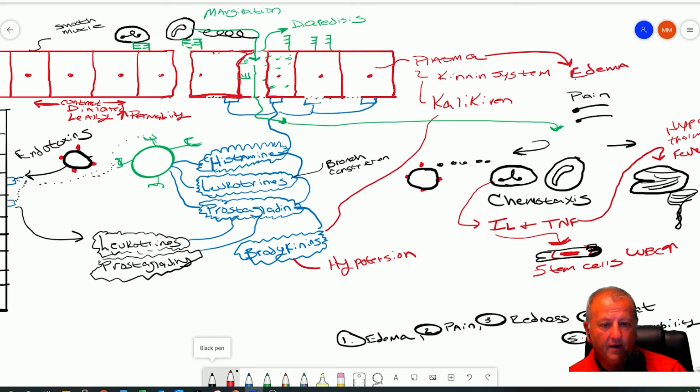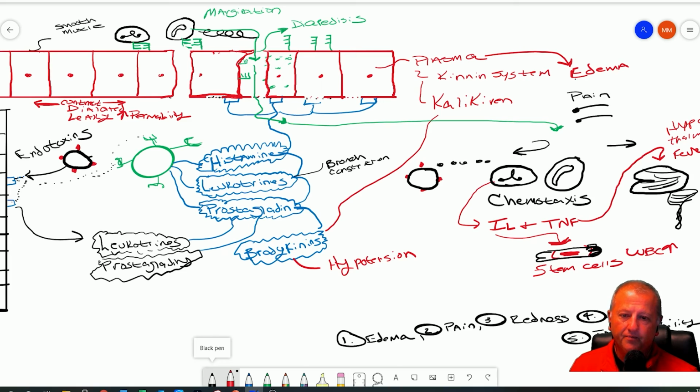And then we have kallikrein that ends up producing bradykinins. Okay? So bradykinins, prostaglandins, leukotrienes that cause bronchial constriction and all kinds of issues for your lungs, and histamines respond to the blood vessels.